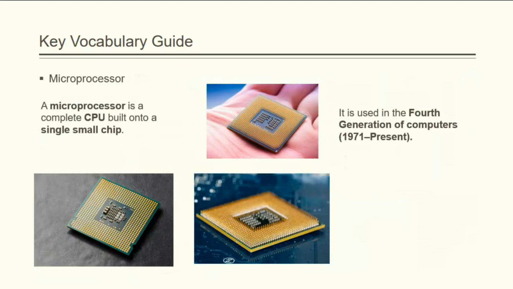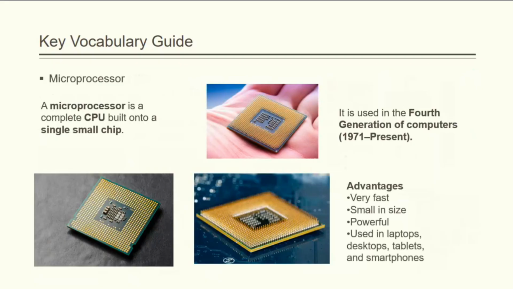So your guess is as good as mine. The computer that you are using presently has a microprocessor. Some of the advantages: very fast, small in size, powerful, used in laptops, desktops, tablets, and smartphones.